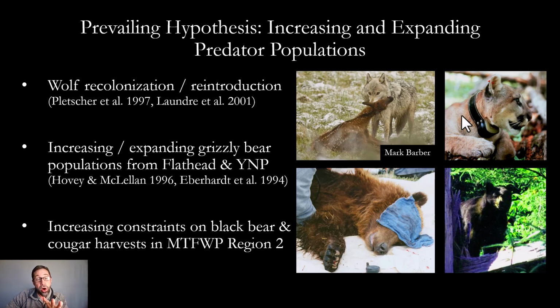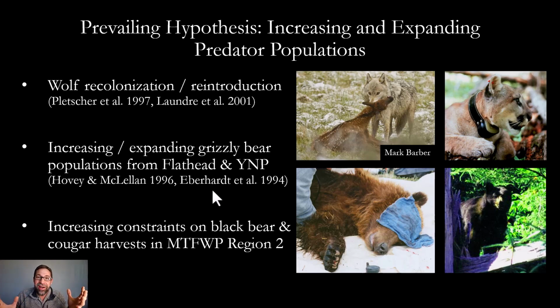And I should note, on my study site, mountain lion harvest had been completely shut down in an attempt to allow those cats to rebound, as well as multiple population estimates of expanding grizzly and black bears. So we know that these predators were increasing, but were they the culprits?